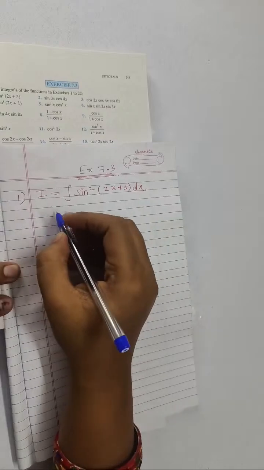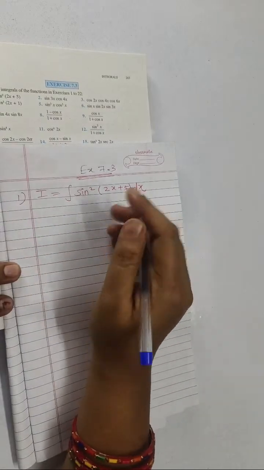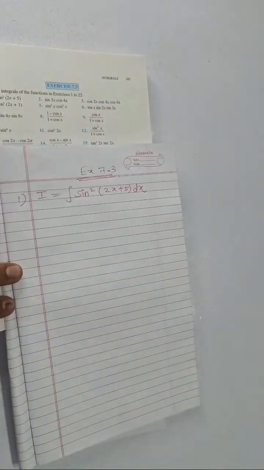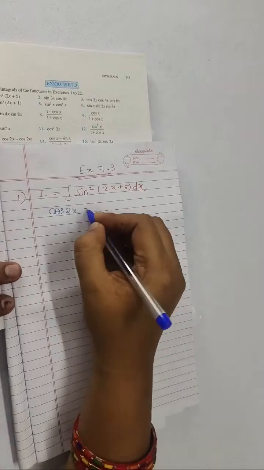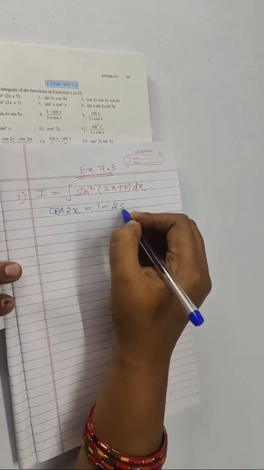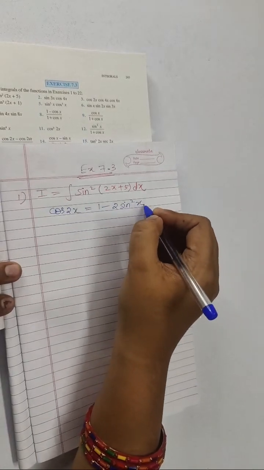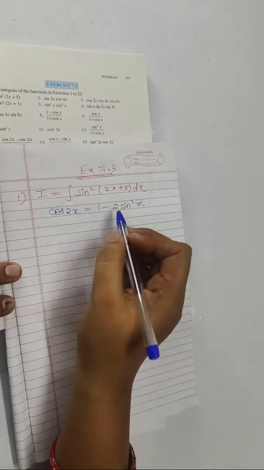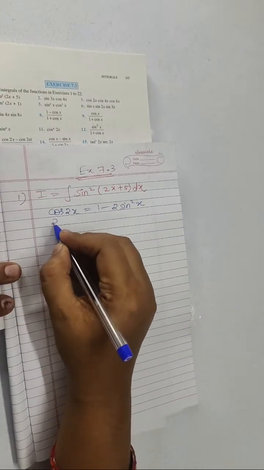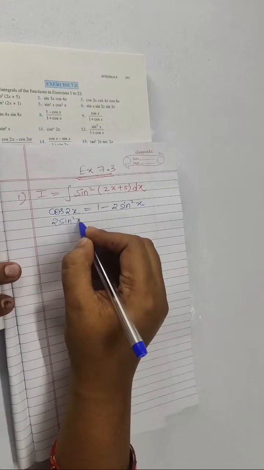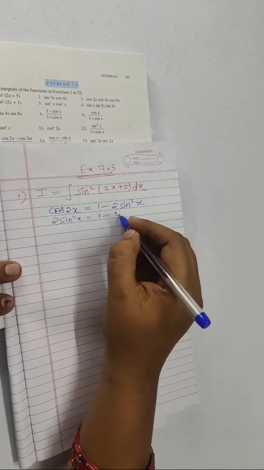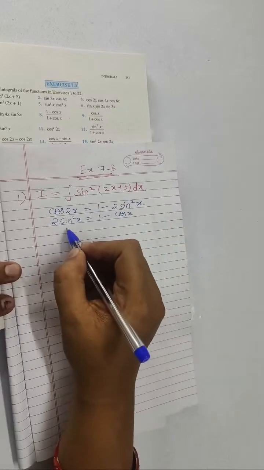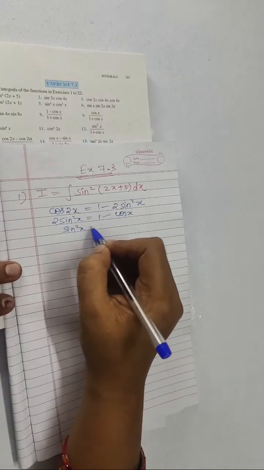So now, you have to change sine square x to power 1. We know the cos 2x formula, that is 1 minus 2 sine square x. Take this minus 2 sine square x to the left side, so it is 2 sine square x equals 1 minus cos 2x, and the 2 goes to the denominator.